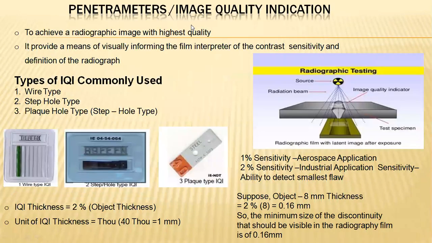And how will the image quality indications take place in the case of radiographic testing? When the rays fall on that particular object, consider this a welding technique. This is a butt welding process, and we observe where the porosity has taken place beyond the limit.